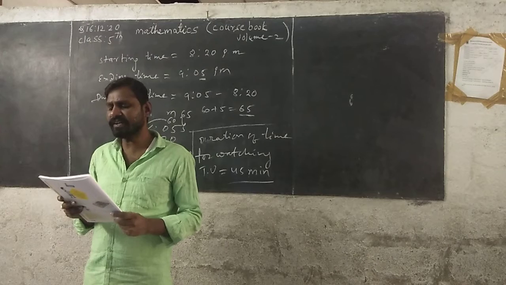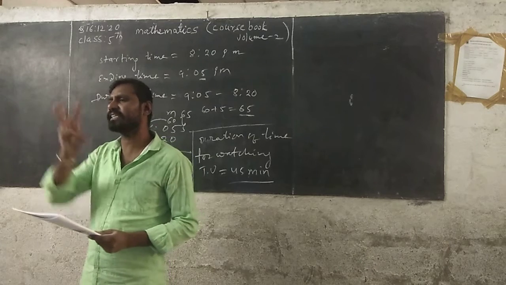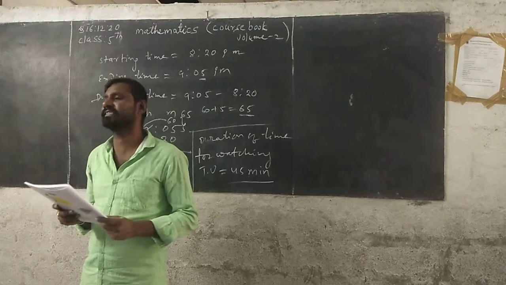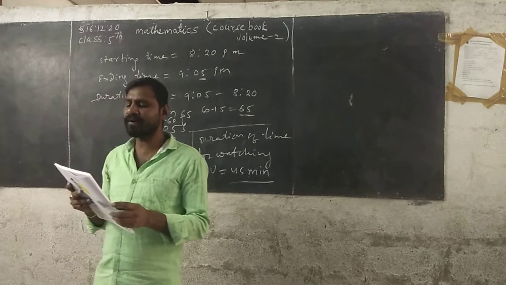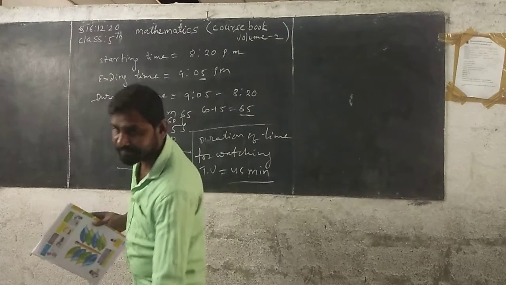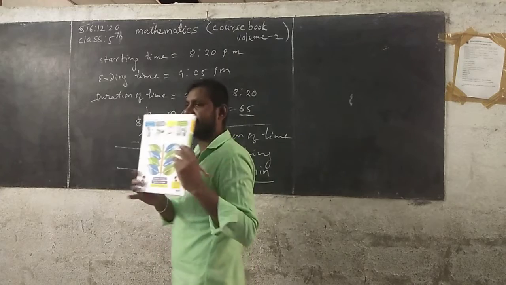Next, doing homework or watching a movie takes about 3 hours. Cooking dinner or eating a sandwich takes about 30 minutes. So which takes more time? Sleeping. Take it down, everybody.